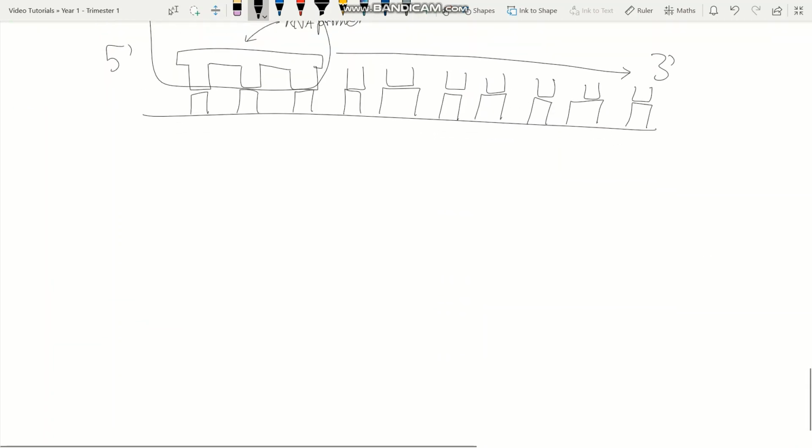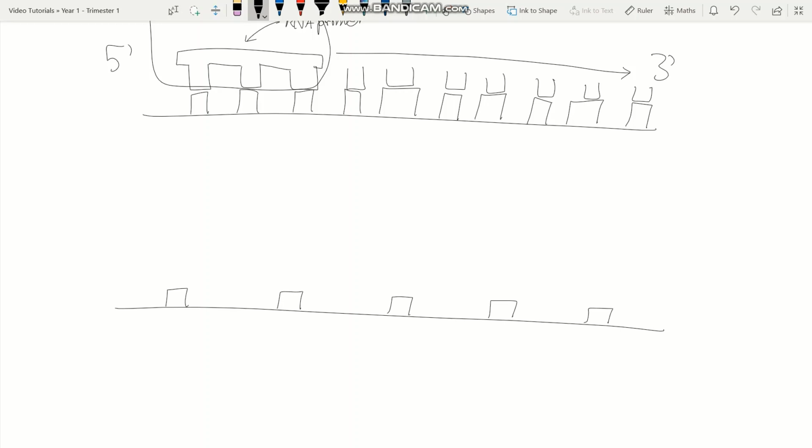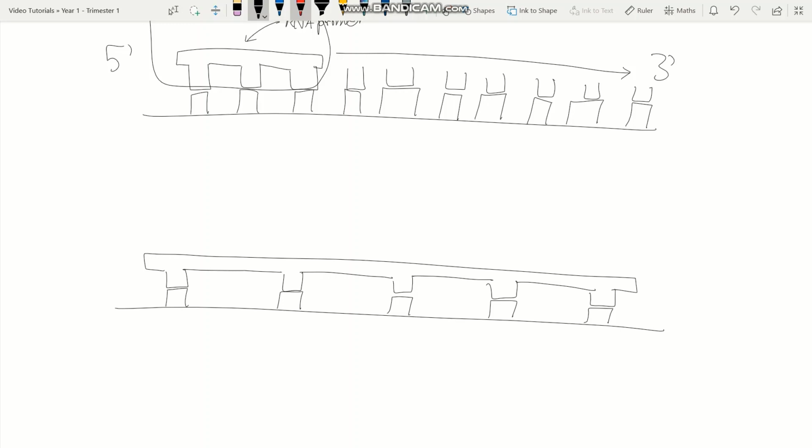So, what happens after all of this has occurred? Say that all the nucleotide bases on the leading strand have now been added. Well, there's a special process that occurs. Obviously, as the RNA primer, which was present on these 3 different nucleotides, is still here, we need to remove it because we can't have a RNA sequence in our new DNA sequence.